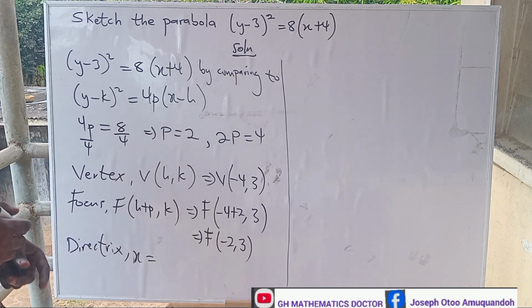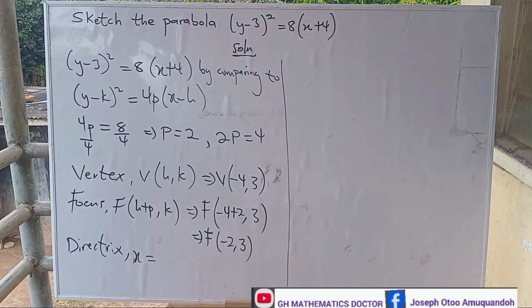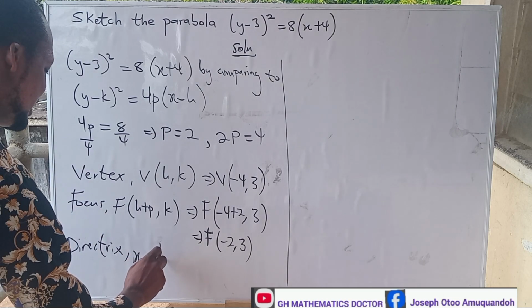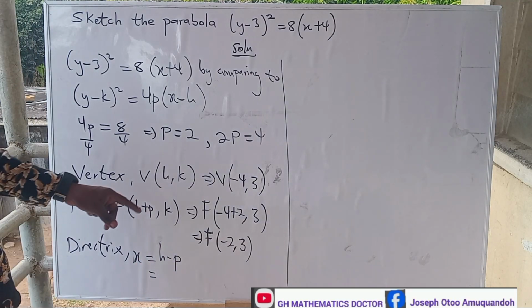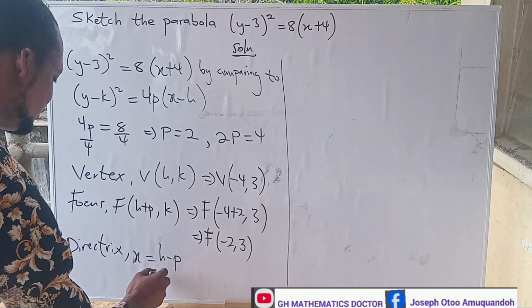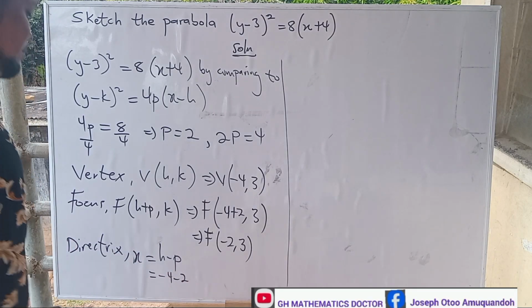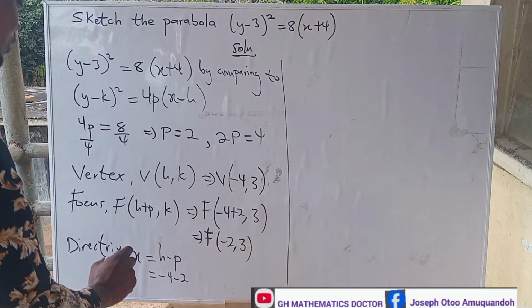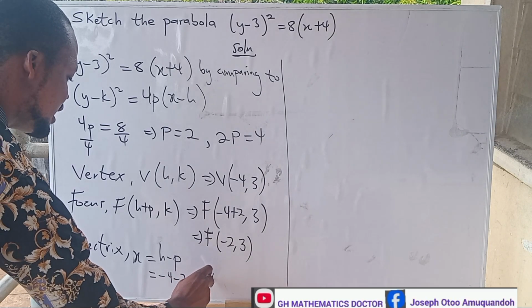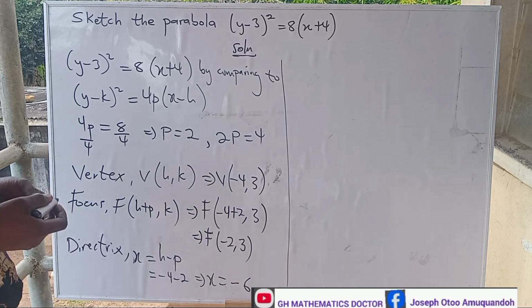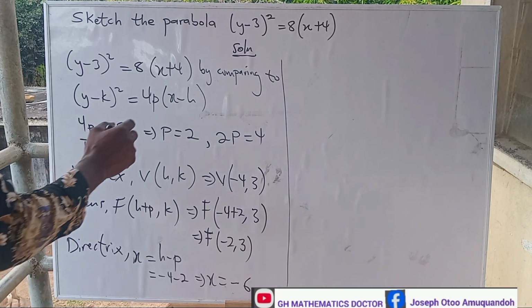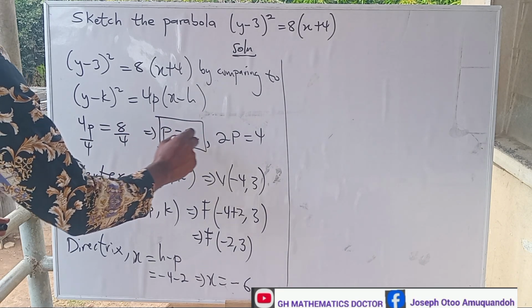So x will be equal to... The directrix also has a formula that you need to follow, and it is taken as h minus p. So we have the h to be negative 4, minus p to be negative 2. So our directrix will be x equals negative 6.